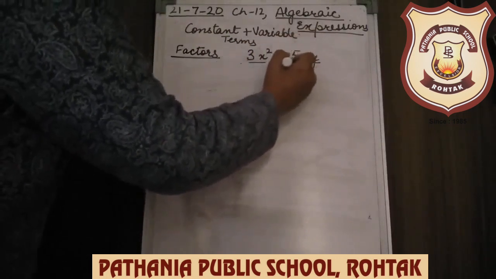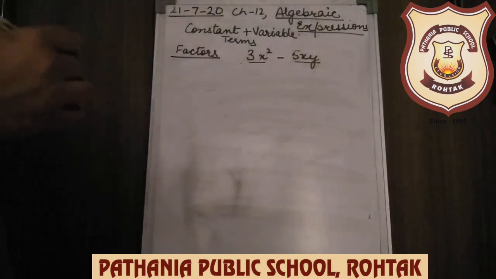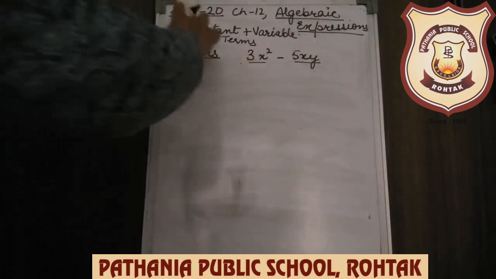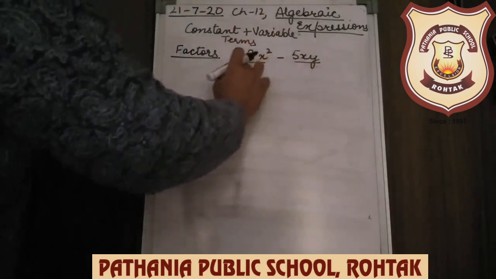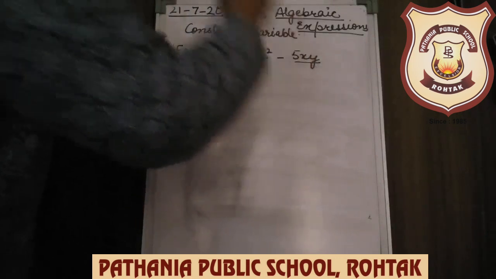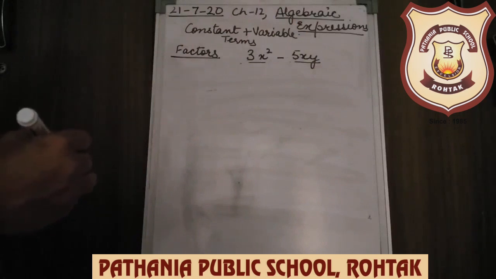For the second term the constant is minus 5 and the variables are x and y. Here you have two terms with constant and variable, constant and variable. Now you have to write the factors.